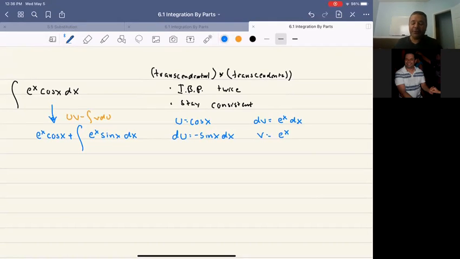Now in order to do this integral, I'm going to have to do integration by parts again. What do I mean by stay consistent? That means that I chose my e to the x to be my dv, and I have to do that again.